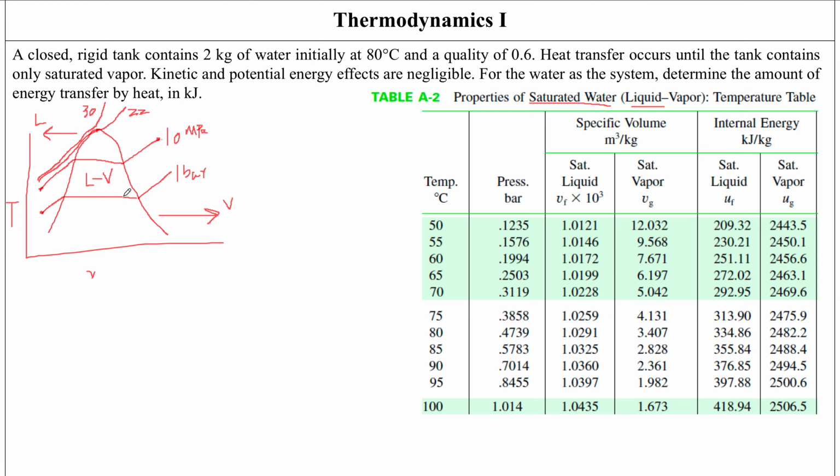If you're given a pressure of 1 bar, that would be a different table, not this one. You're going to be looking at table A3, where you have pressure as the first column and temperature as the second column.